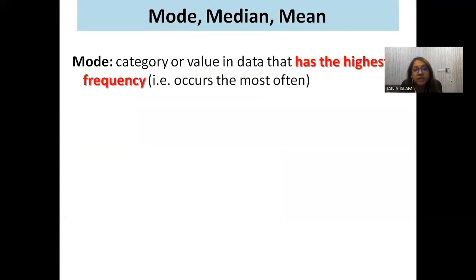Okay, so for central tendency, the mode is the category or value in the data that has the highest frequency, most commonly appearing in the data.